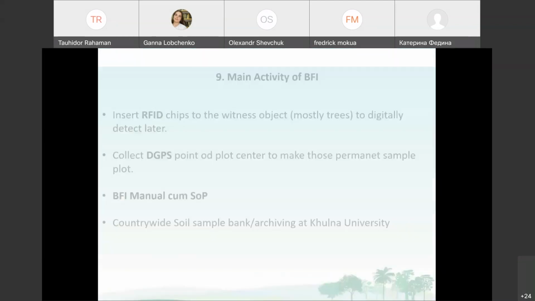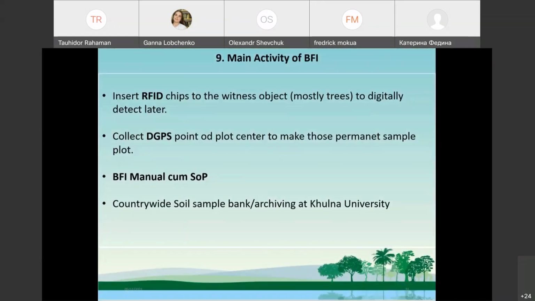And another important thing, as I discussed, RFID was very new to introduce, and we have inserted those RFID in the witness objects, mostly in trees, to detect them digitally later. Then we have collected DGPS points of the plot center to make those permanent sample plots.